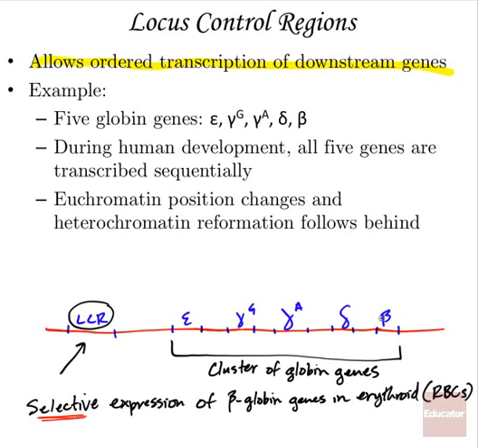So this is something that I want you to just keep in mind because we will be talking about epigenetics later and how euchromatin and heterochromatin positioning affects the transcription, translation of genes, as well as the replication of DNA sequence. So here are locus control regions. This is one example.